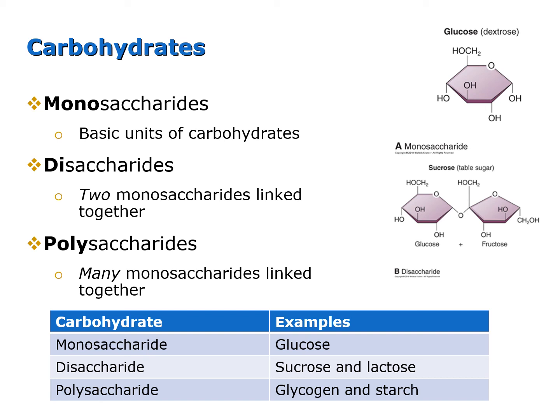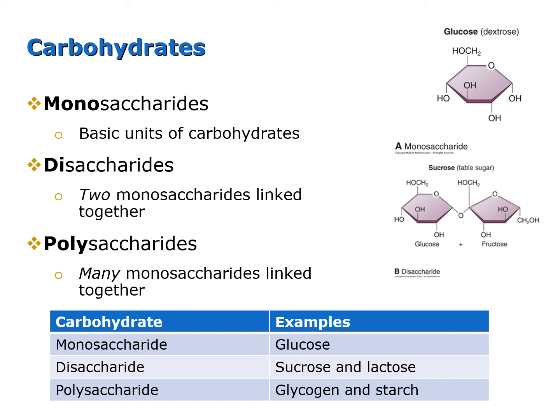Whenever two molecules of carbohydrates, two monosaccharides, connect together, it is called a disaccharide. An example of that is sucrose, or table sugar, which is made out of one molecule of glucose and one molecule of fructose, the sugar that we find in nature, in plants.